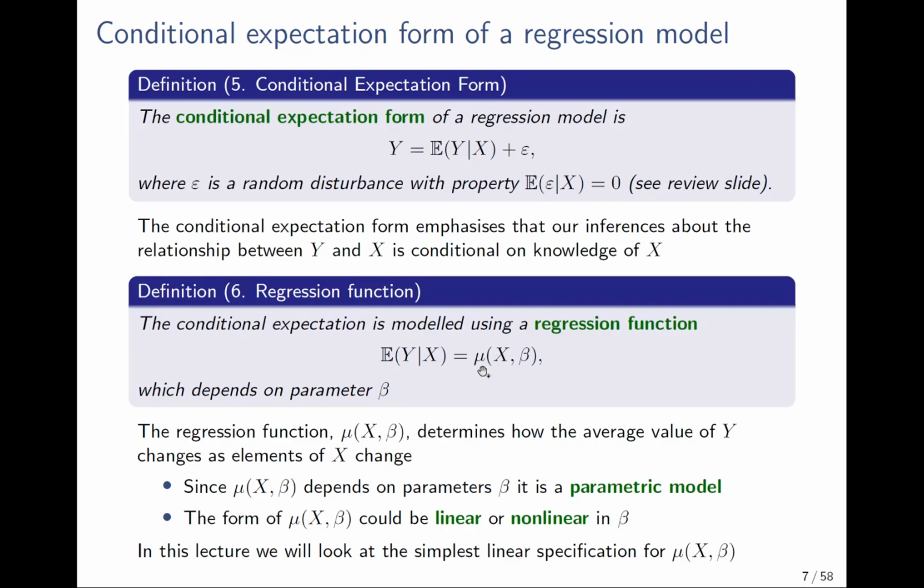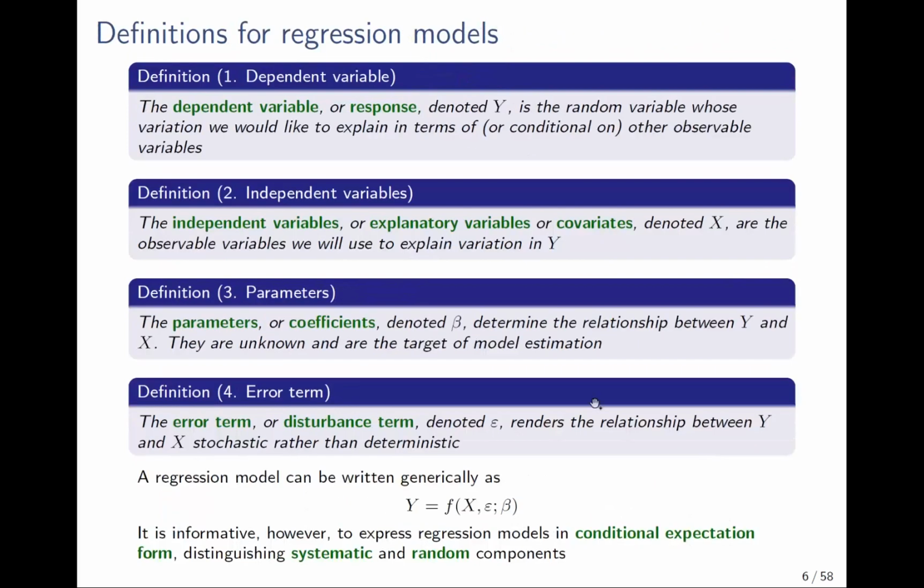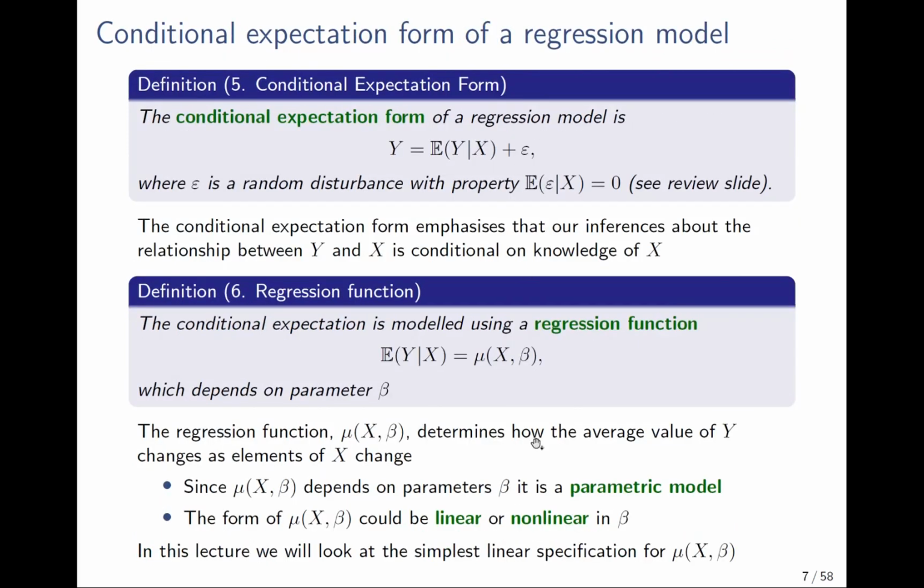The regression function notation uses the letter mu, as it's normally written: mu of x and beta. Notice the error term doesn't appear here as it did before, because we split the error term out. So we've got two parts to our model, the regression function and the error term. The regression function depends on x, but it also depends on a parameter vector beta. Its main property is that it tells us how the average value of y changes as elements of x change.